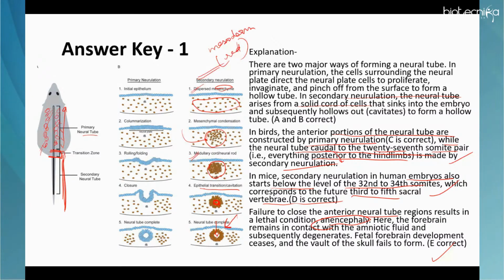If the neural tube is not closed, it gives rise to the CNS, central nervous system. If it is not closed properly, then it is obviously a lethal condition in which the embryo cannot survive. Here, the forebrain remains in contact with the amniotic fluid, and subsequently it will degenerate. Fetal forebrain development ceases and the vault of the skull also fails to form.